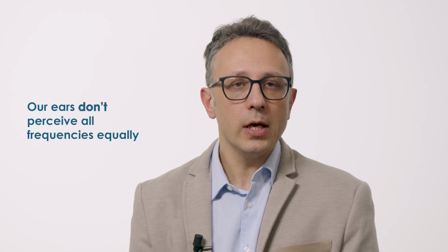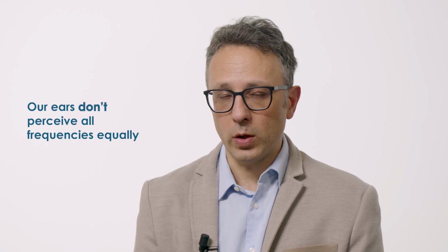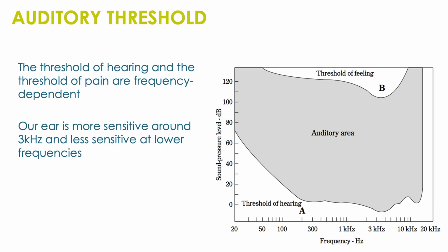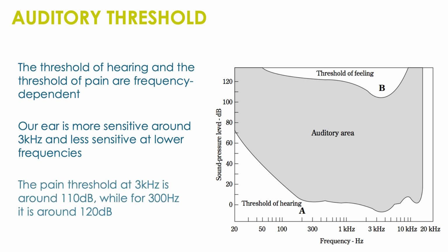When mixing audio, for instance in audio production or music production, keep in mind that our ears don't perceive all frequencies equally. Our hearing sensitivity varies across frequencies. We are most sensitive around 3 kHz, where the hearing threshold is lower and the pain threshold is around 110 dB.